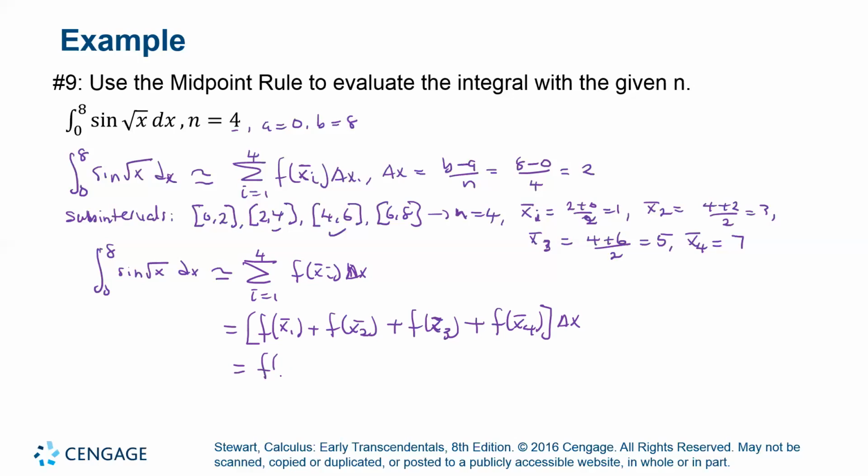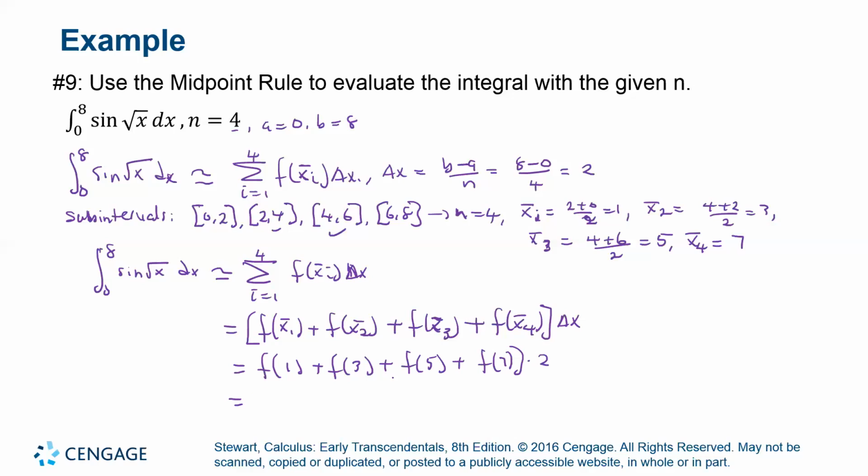That's f of 1 plus f of 3 plus f of 5 plus f of 7, everything times delta x, which is 2.